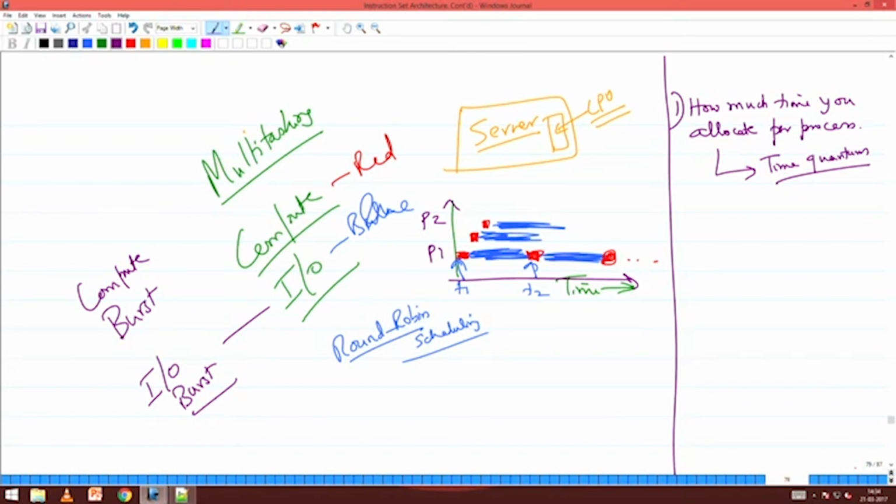Question number 1. There is a much more fundamental question. Let us say nine of us in the first row are working together, and this guy is on the CPU. There is only one CPU.